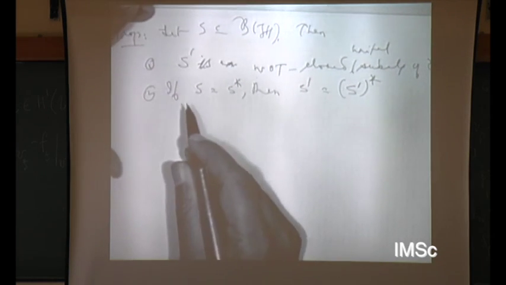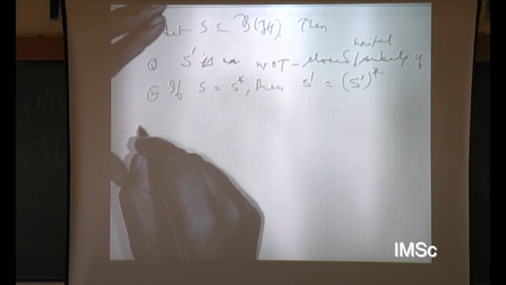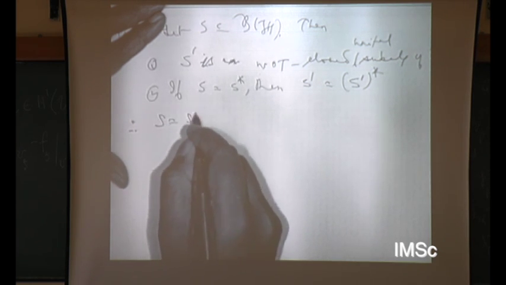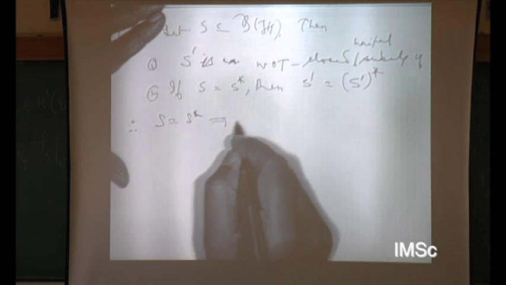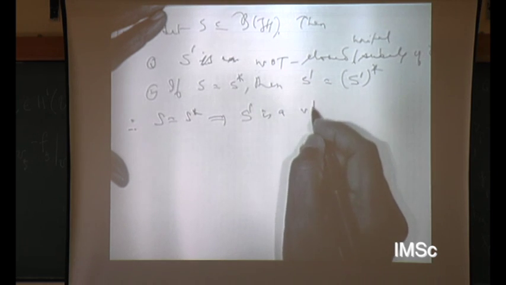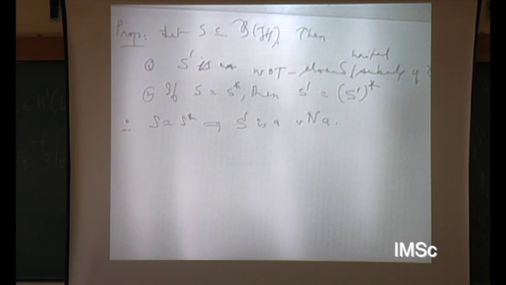Therefore, S equals S star implies S prime is a von Neumann algebra. A von Neumann algebra I defined for you as a unital WOT closed star subalgebra.